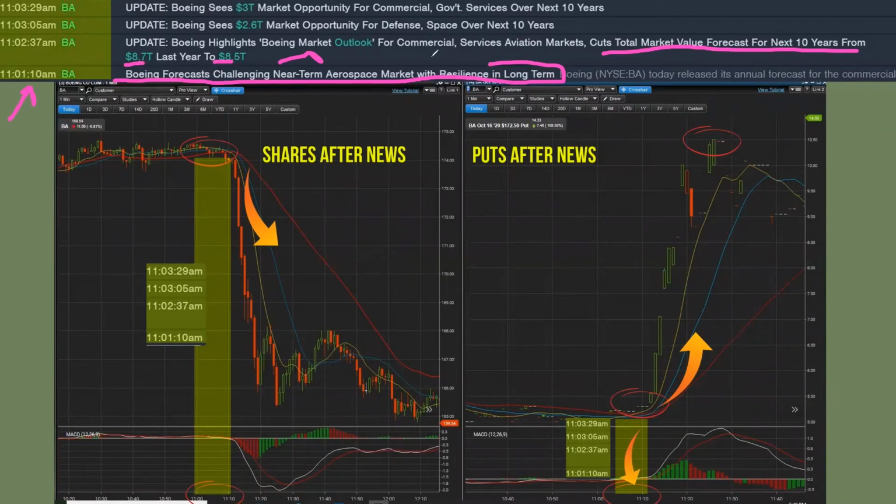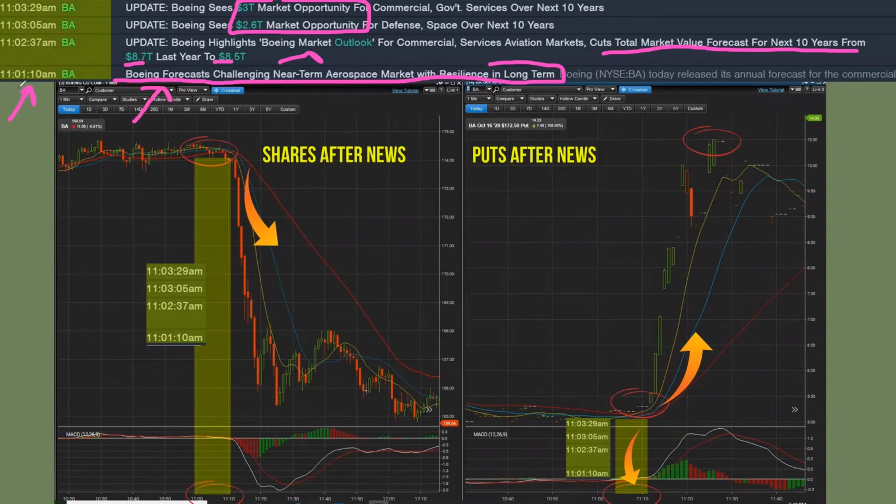And then you can see they're seeing opportunity because obviously they want to give some type of good news there. Oh, we got some opportunity to do this or that. But for the short term right now, they're forecasting challenging near-term aerospace market.